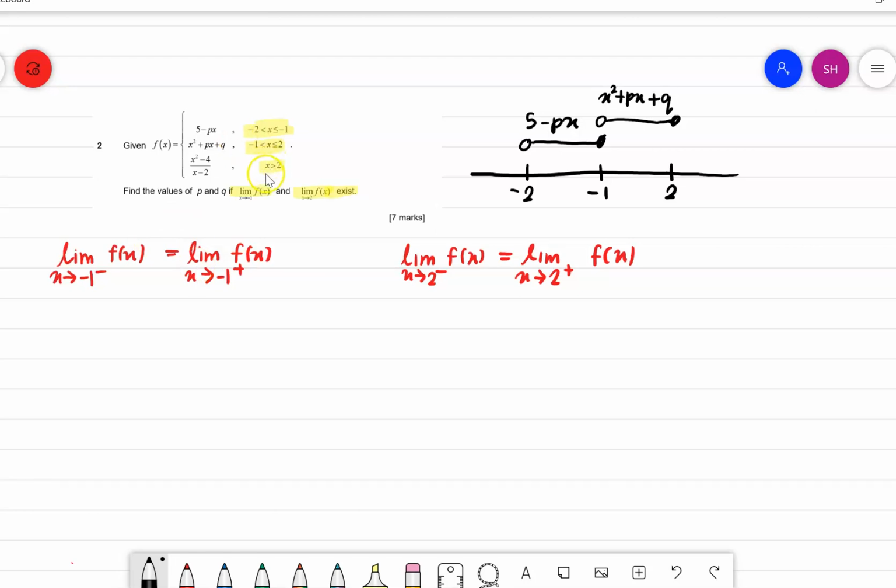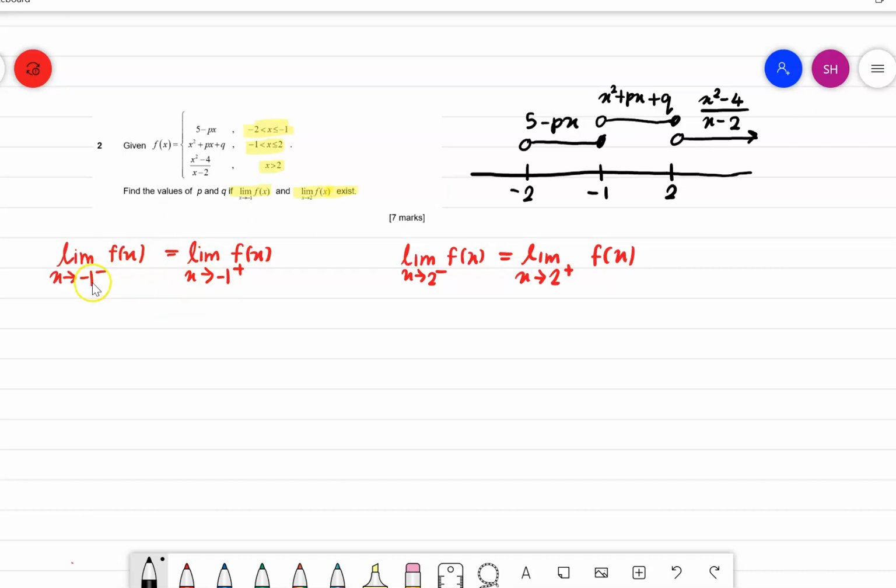And for x greater than 2, the function is x squared minus 4 over x minus 2. So, this is the condition lah.